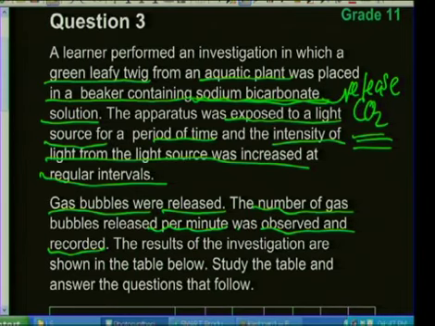We'll talk about that. What did they do after it? What did they change? They changed only the intensity of light. So from time to time they put a stronger light, stronger light, stronger light. And they noticed that gas bubbles were released. They counted in a specific amount of time how many gas bubbles were released for each.